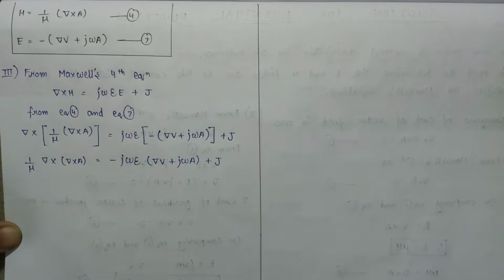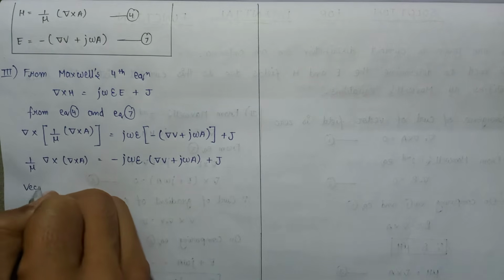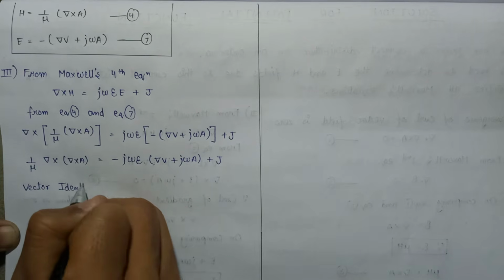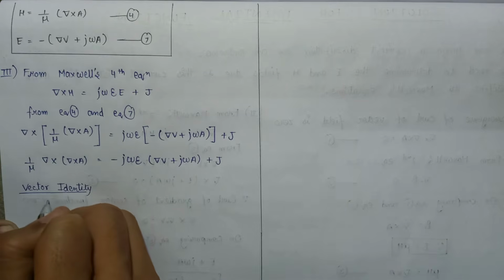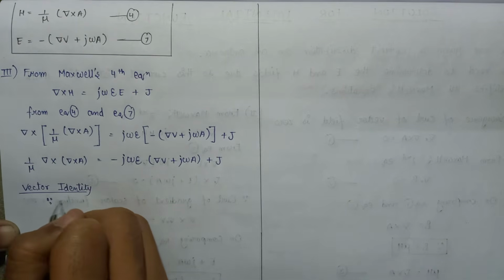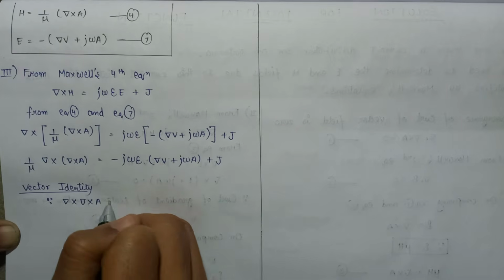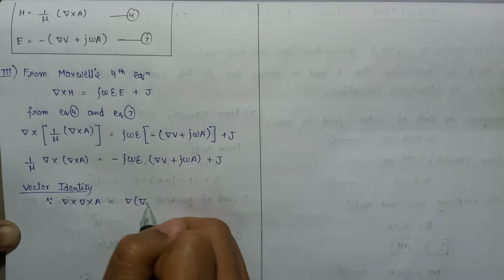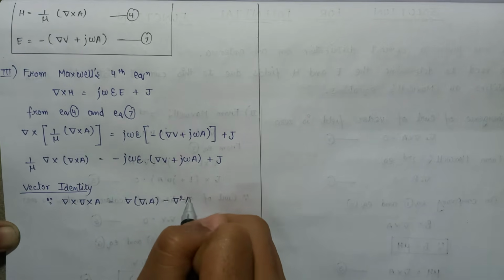We all know that the vector identity says that if any expression is written as del cross A, then it will be equals to del divergence of A minus of del 2A.